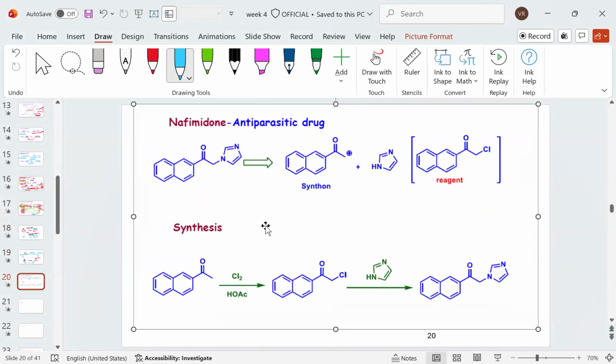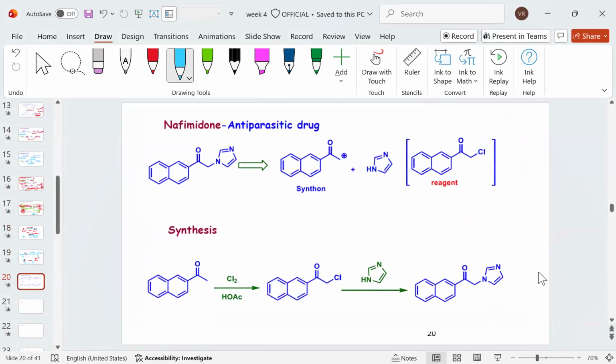So here, this is the synthesis of this target molecule. The retrosynthesis is already given, so we will just analyze how it was done. Here the disconnection was made, and this is the synthon.